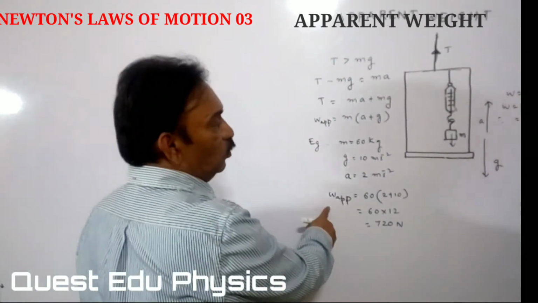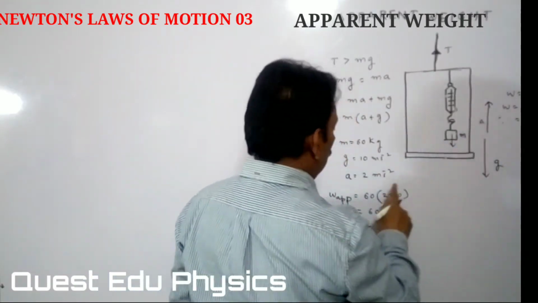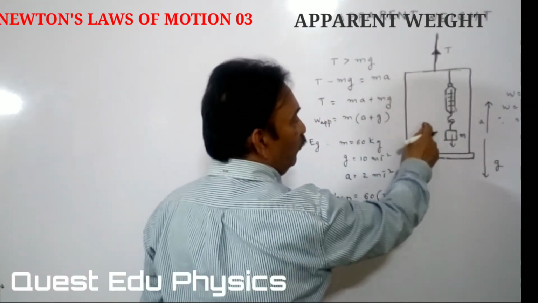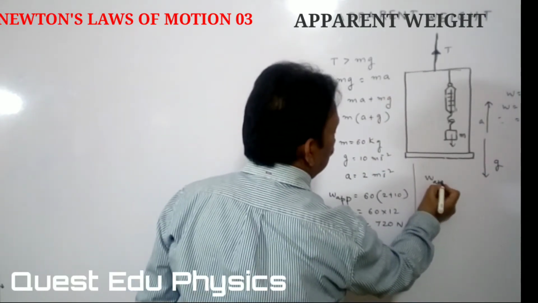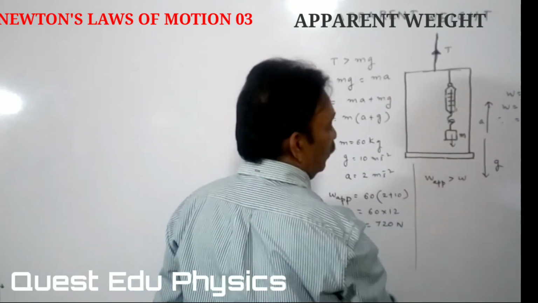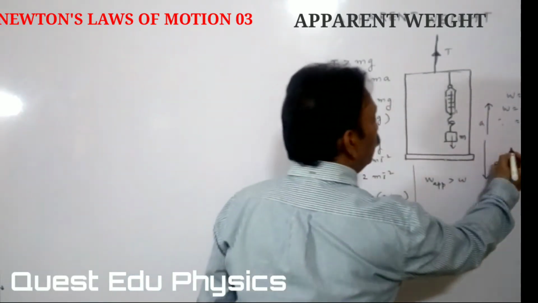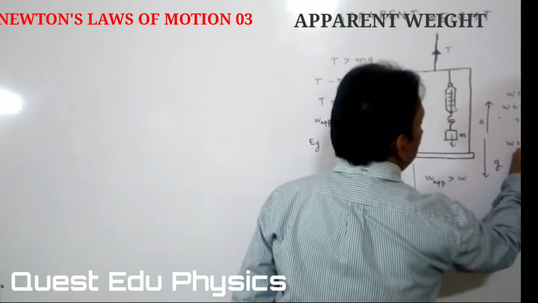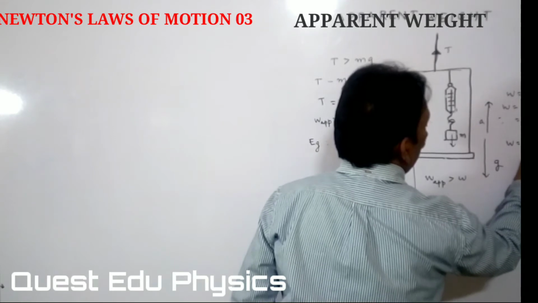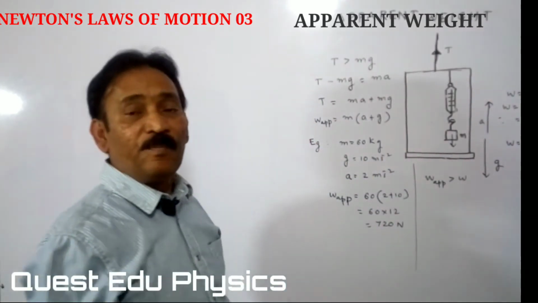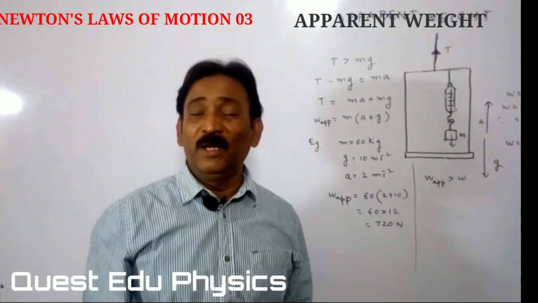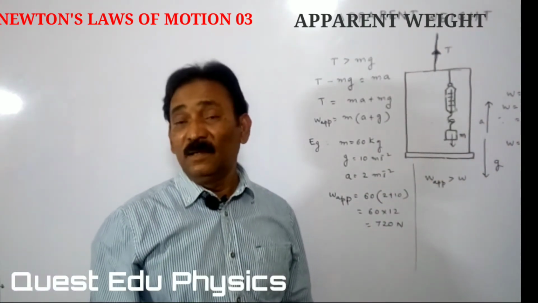If you compare these two, W apparent and W, in the case of the lift moving up, you will find W apparent is greater than W. Here, W is the real weight.